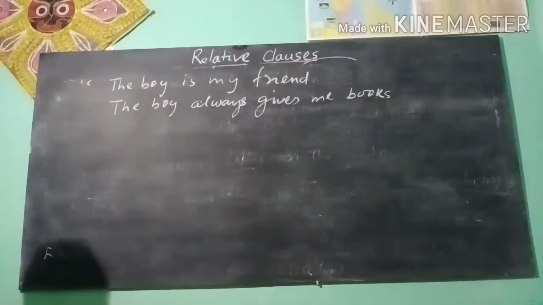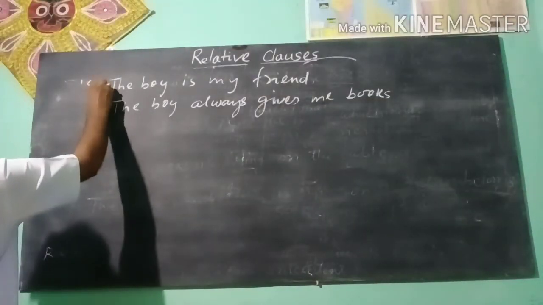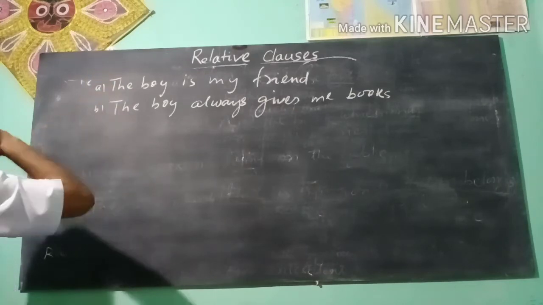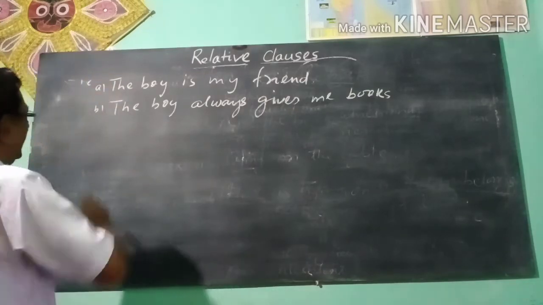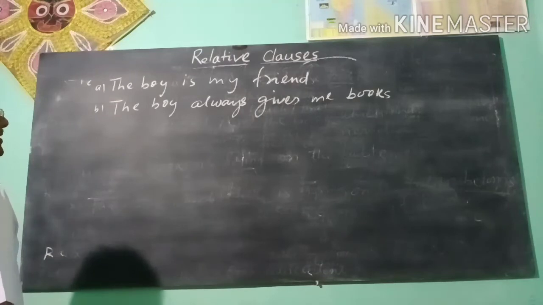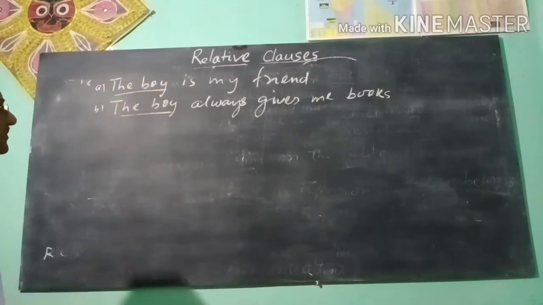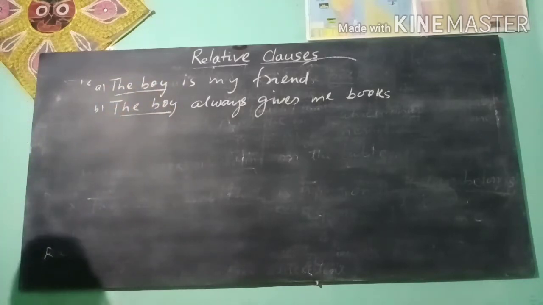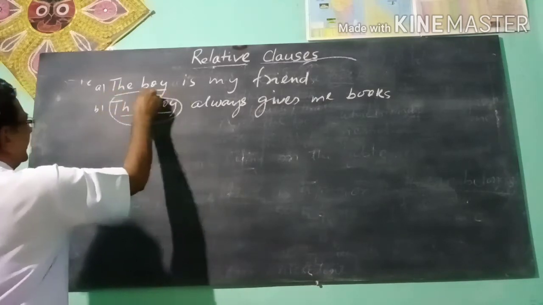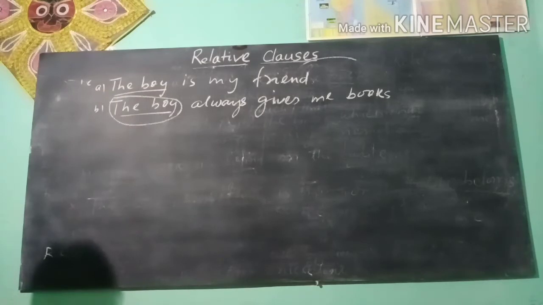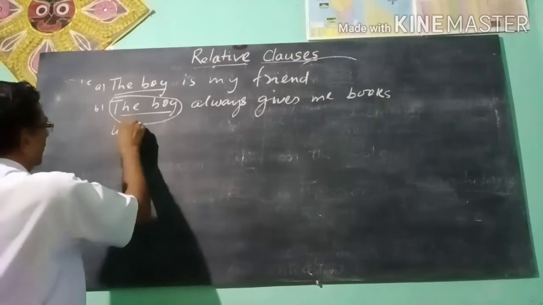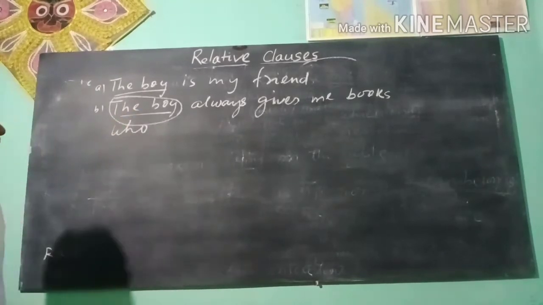Now you see another example of how to form a relative clause. In these two sentences, you find the identical noun phrase the boy. Now we replace the boy from the second sentence. Here the relative pronoun who is used.